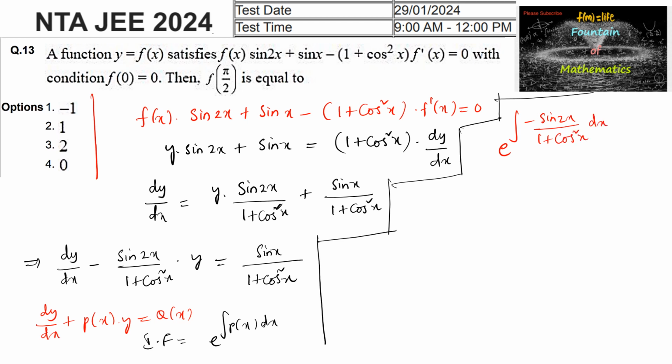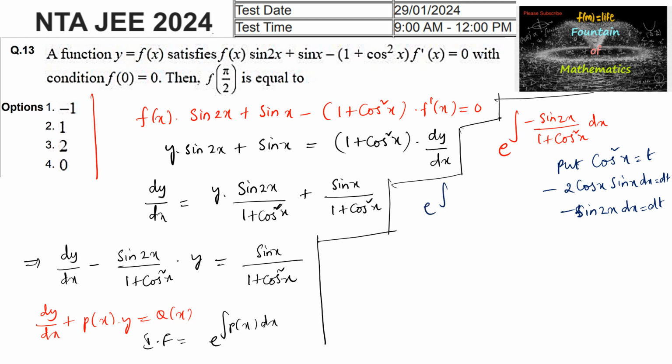So here we can substitute or put cos square x is equal to t. So we can write 2 cos x into differentiation of cos x, which is minus sin x dx, is equal to dt, or minus sin 2x dx is equal to dt.